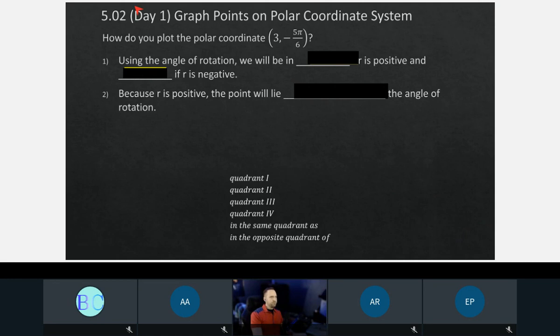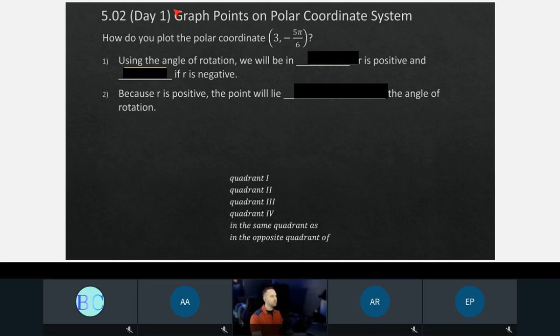All right, next problem. It looks like Neuro cut off what it's supposed to say. All right, so we want to know, how do you plot the polar coordinate 3, negative 5 pi over 6? On your test, it's going to be basically fill in the blank. You're going to have a bank of choices: quadrant 1 to 4, and then the same quadrant as, and the opposite quadrant of. The first one, using the angle of rotation, we will be in blank if R is positive.